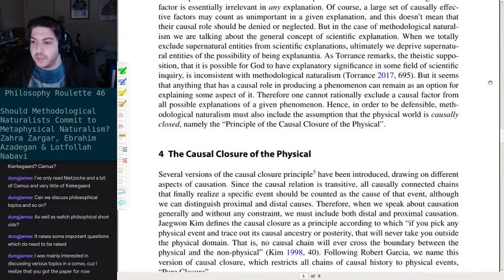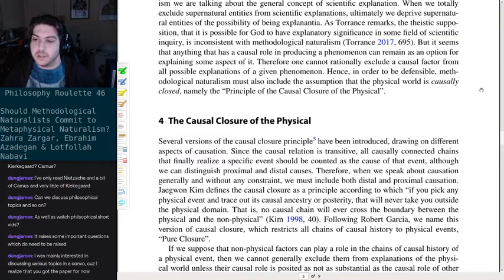Okay, so since all the explanation has to relate to something causal, and the supernatural doesn't fit with the causal structure of our universe because it would be miraculous, and in some sense that would be an uncaused cause, then it doesn't fit in with the causal history of the methodology.